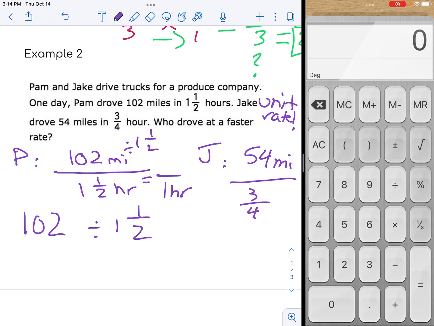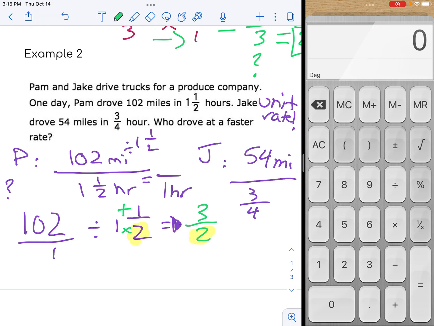To do that, what is 102 as a fraction? 102/1. To be able to divide, I'm going to have to turn 1.5 into an improper fraction. To do that, I need to do whole number times denominator plus my numerator. 1 times 2 is 2, plus 1 is 3. I'm going to have 3/2 because my denominator always stays the same.